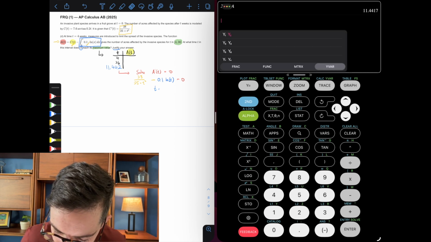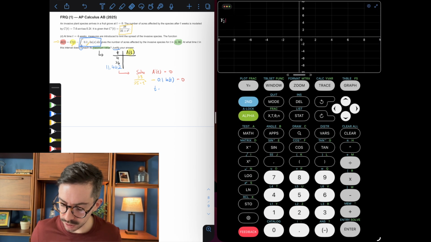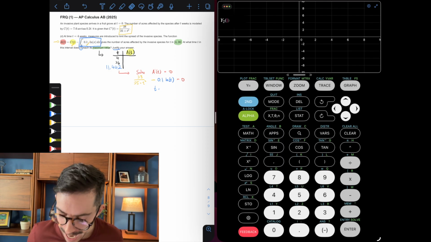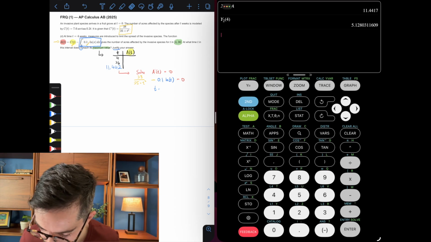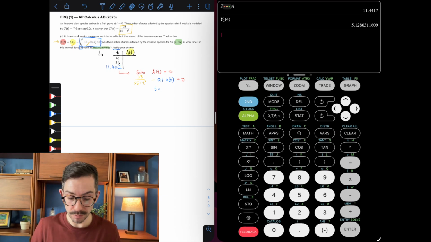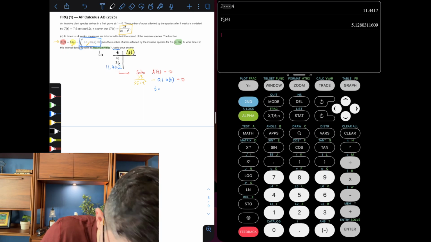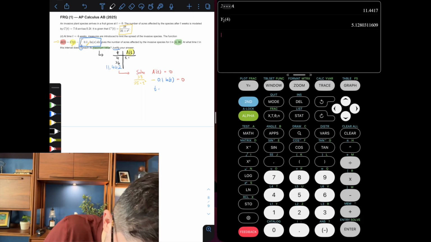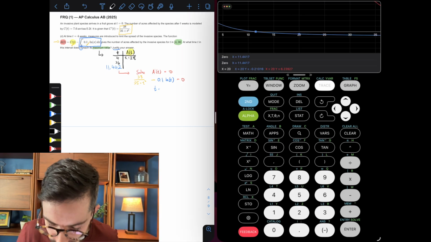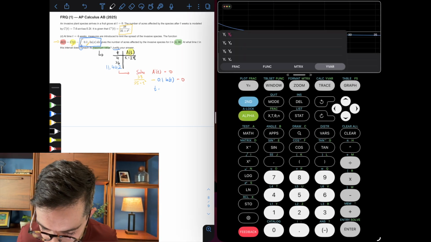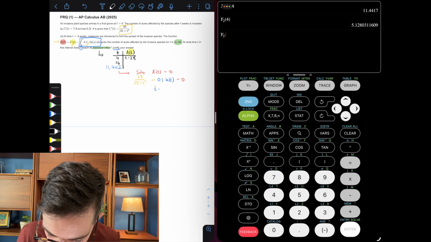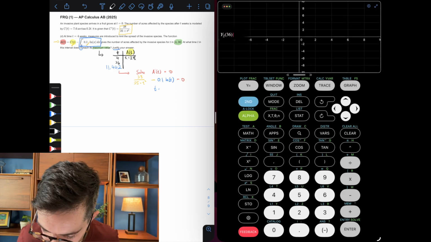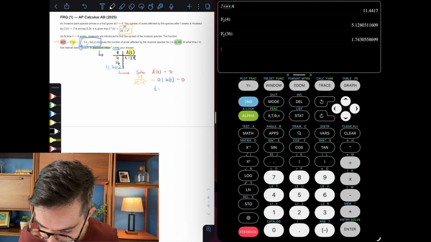So if I hit alpha trace, I can pull up y2, and I can use function notation to describe that as the input t equals 4. So when t is 4, I'm getting 5.128. Okay, let's do the same thing, alpha trace, y2, and I'm going to evaluate now at 36.